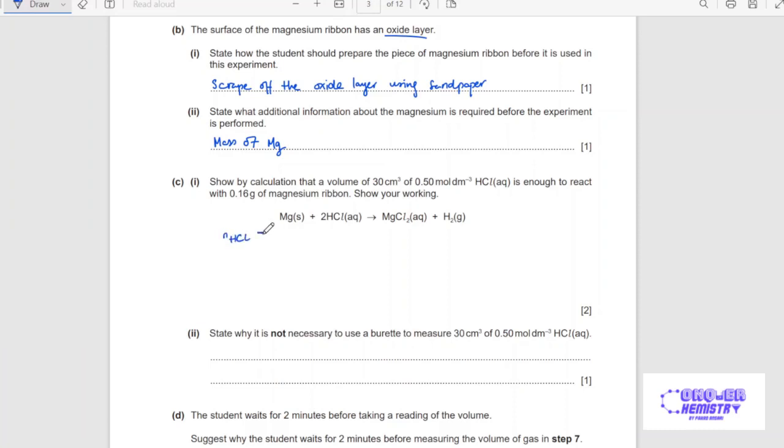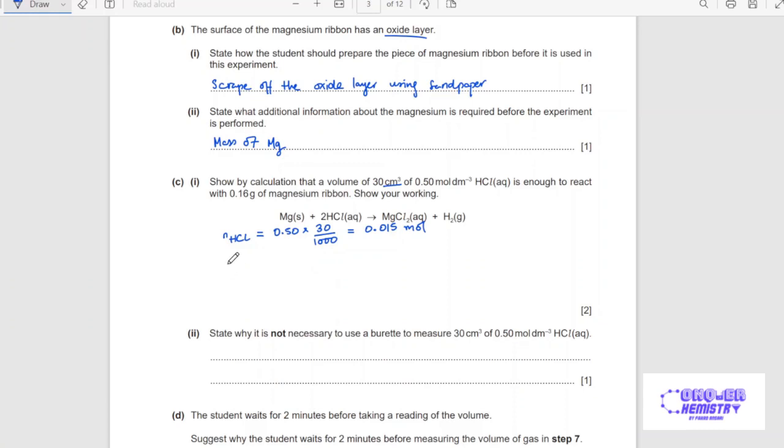So this will be the concentration, 0.5, times the volume. The volume is 30 cubic centimeters. This is going to be divided by 1,000 because we need to convert cubic centimeters into cubic decimeters. Right, so this turns out to be 0.015 moles.